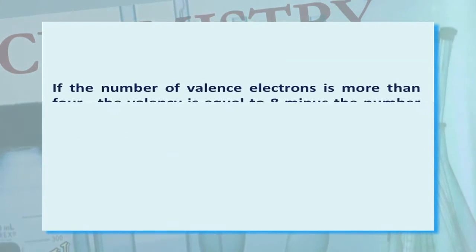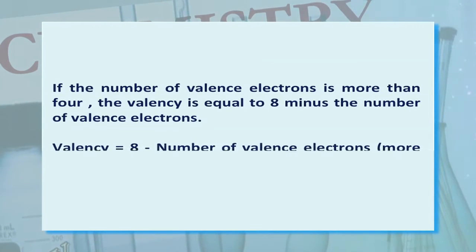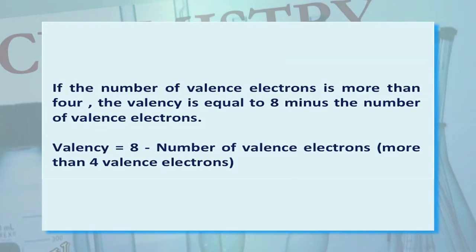If the number of valence electrons is more than 4, valency is equal to 8 minus the number of valence electrons.